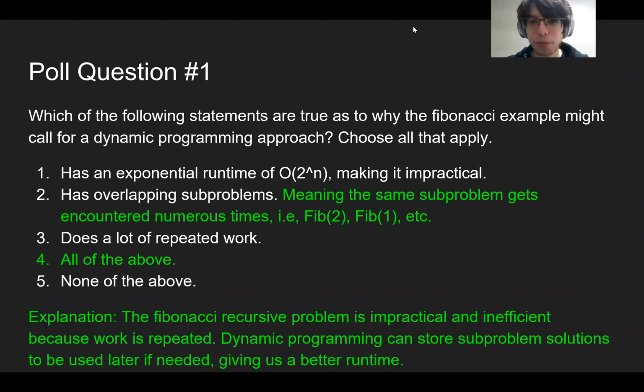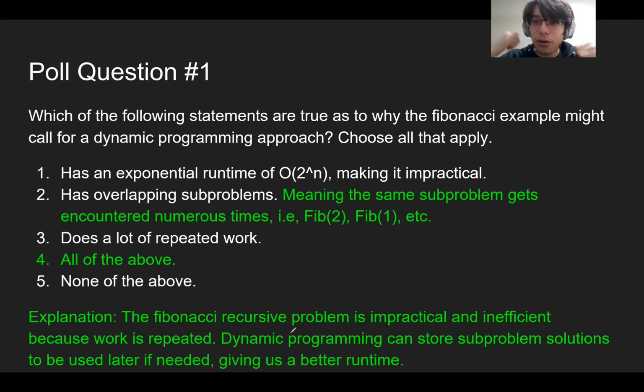It's all of the above because, first of all, it has an exponential runtime, which makes it impractical, because the whole tree is O of 2 to the n, or O of 1.6 to the n, as we saw. And that's kind of impractical. It has overlapping subproblems because we solve the same subproblem multiple times. Like f of 2, we solved multiple times when we were solving for f of 4. And so the Fibonacci recursive problem is impractical and inefficient because you keep repeating the same problem.